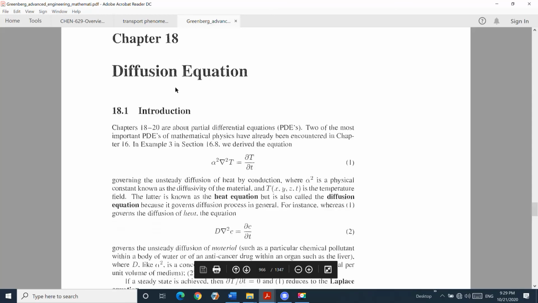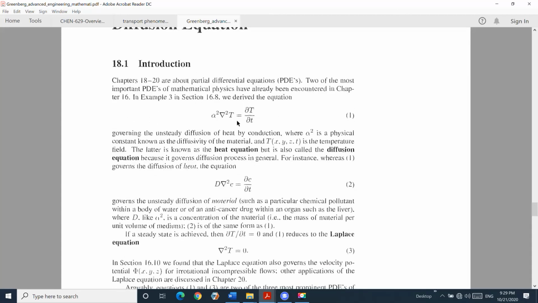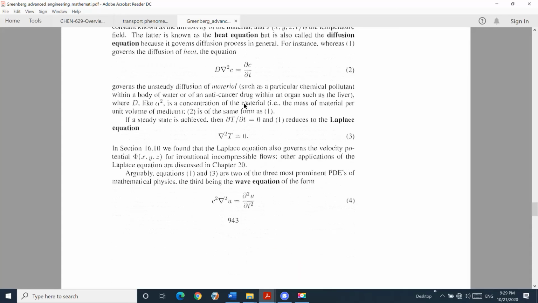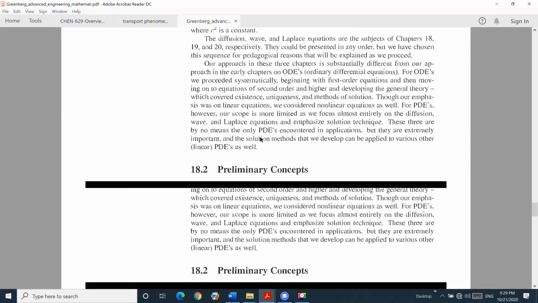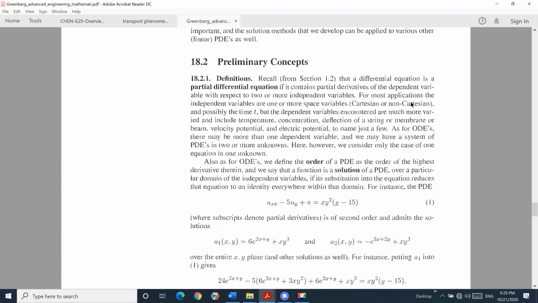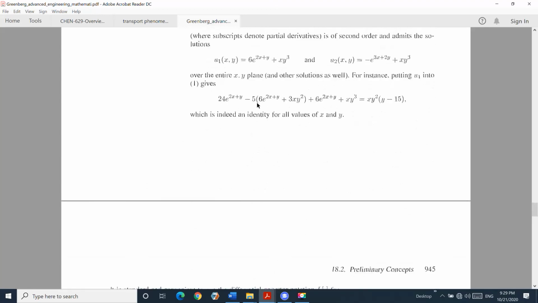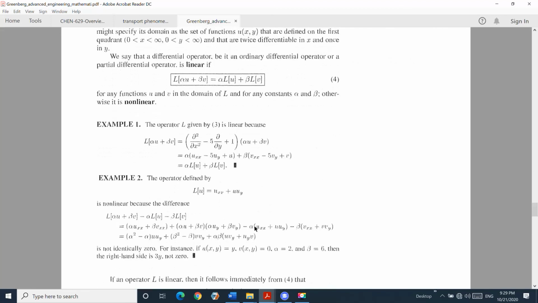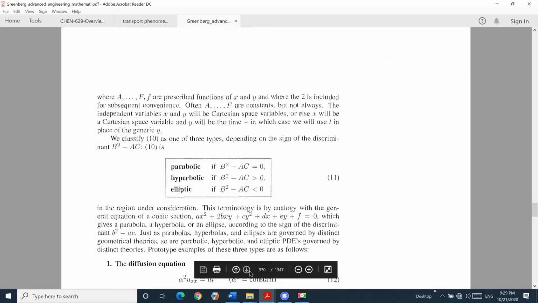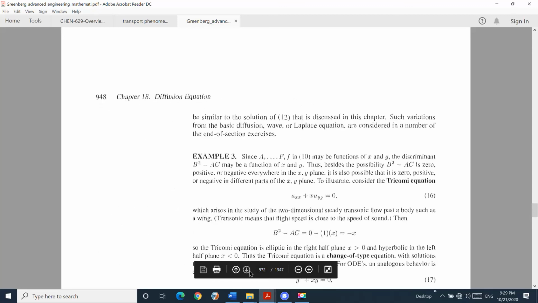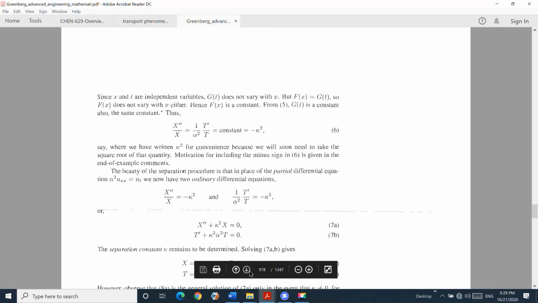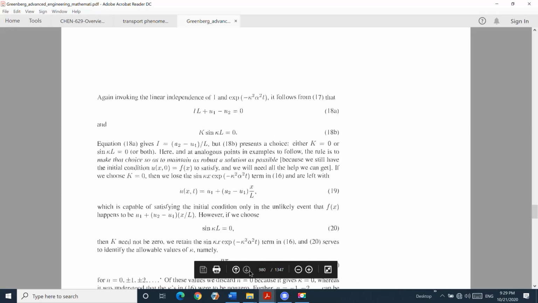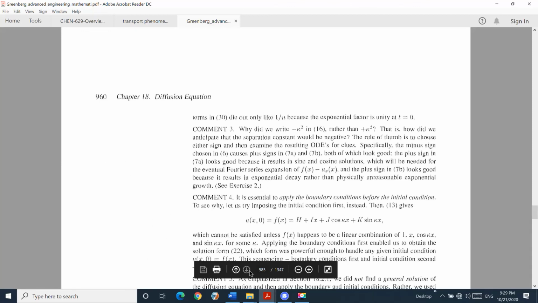Chapter 18 gives us deep insight into the diffusion equations. You know the introduction to diffusion equations, and for heat transfer, mass transfer, and momentum transfer, they are analogous to each other. It gives us basic concepts and some solutions of the diffusion equations. We will come back to this chapter again later.